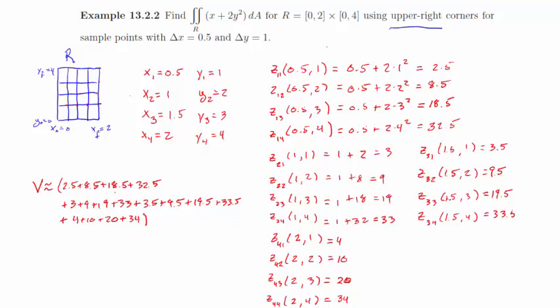And we need to multiply each of these heights by the area of each of these rectangles. And the area of each rectangle is delta x times delta y, which is 0.5. So now I'm going to add these up. 11, 29 and a half, 30, 62, and 12, 22, 31, 64.